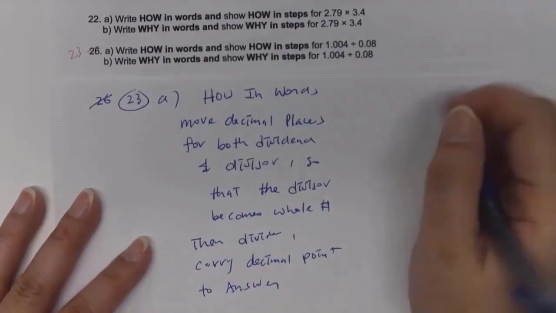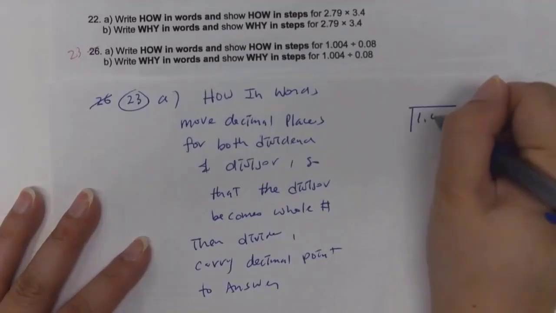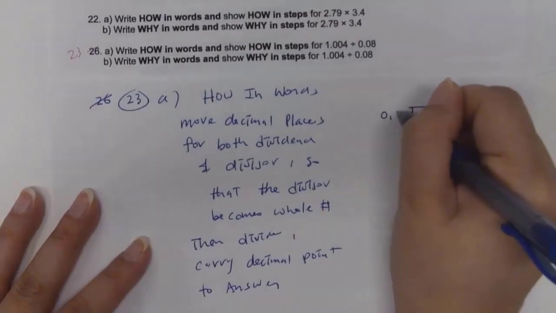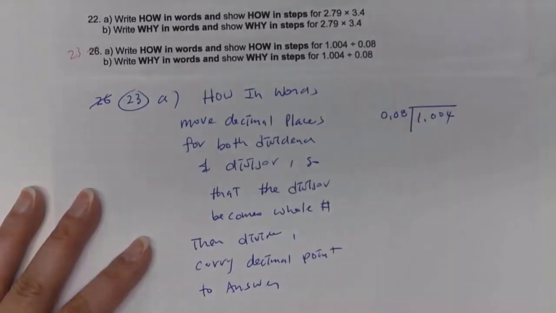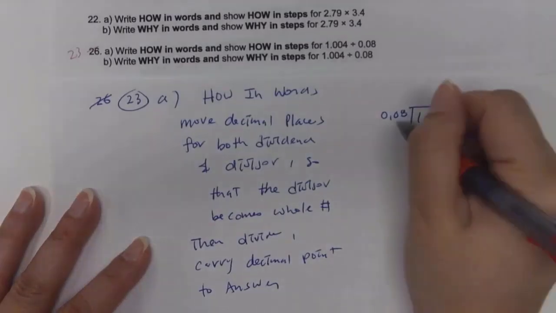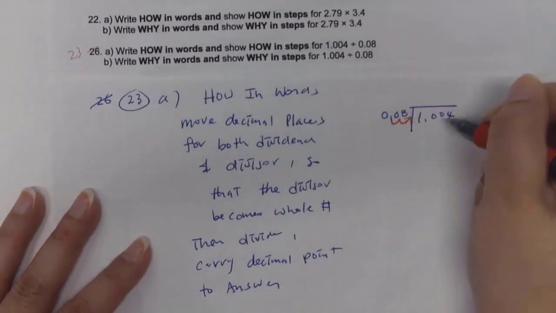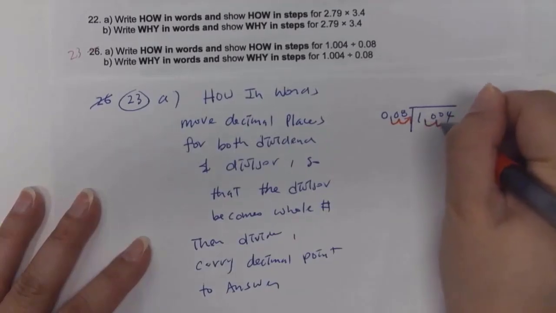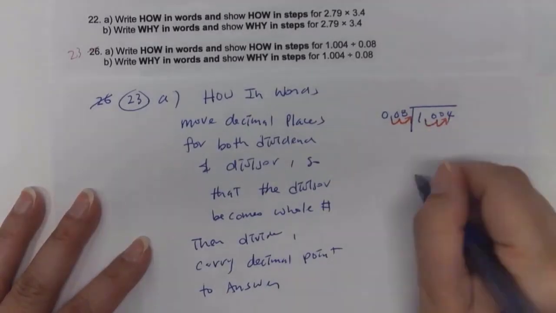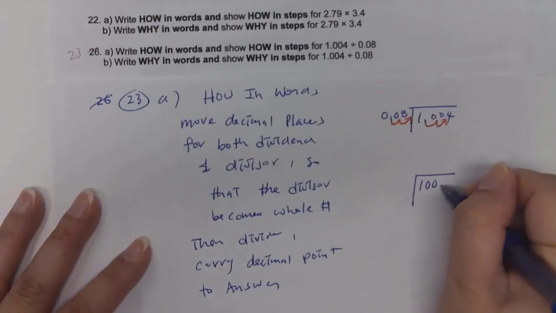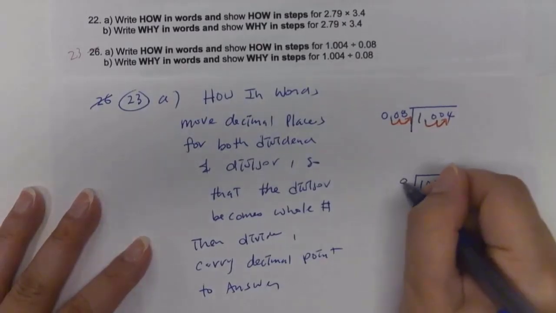So this question started with 1.004 divided by 0.08. We're going to need to move the decimal places for the divisor 2 times to make it a whole number. So do the same for the dividend, and we are going to have 100.4 divided by 8.